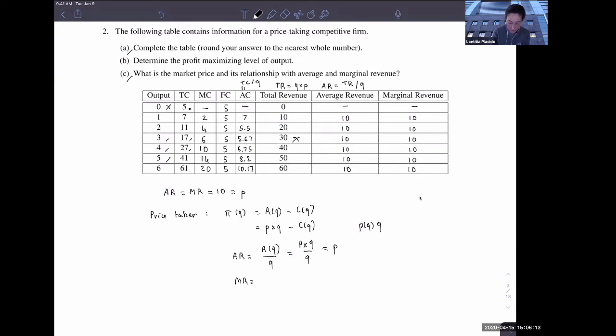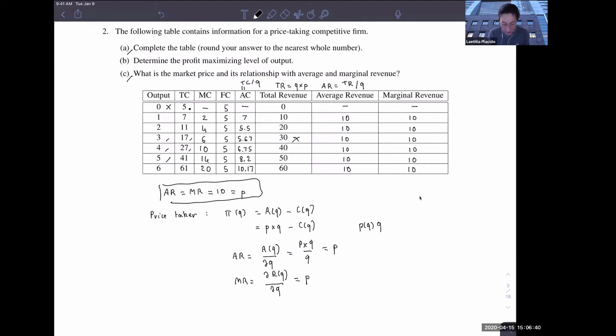Marginal revenue is the derivative of total revenue with respect to Q. So what is the derivative of P times Q? Well, that's P. Hence our relationship here.